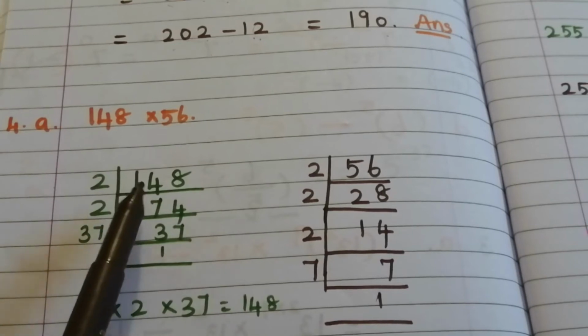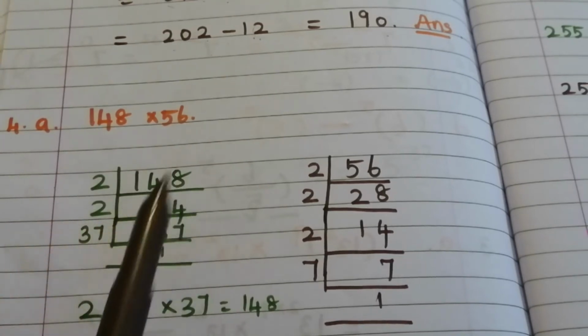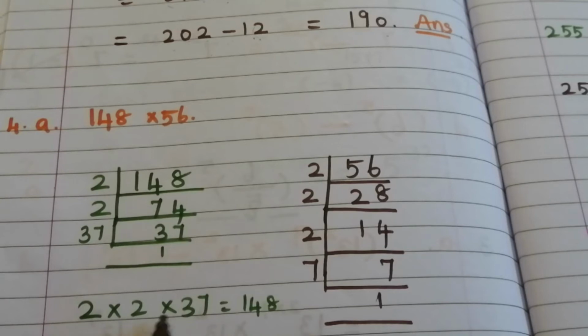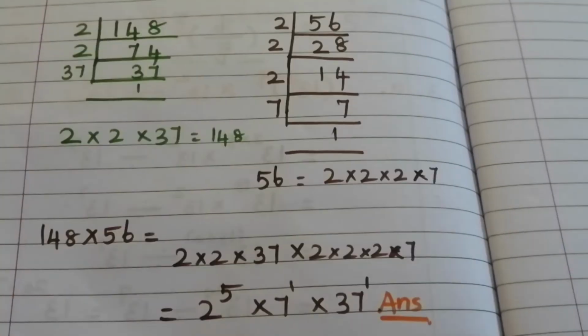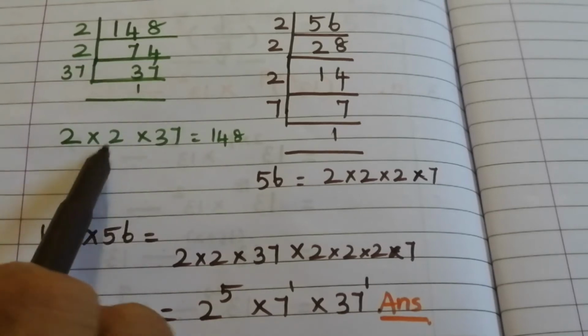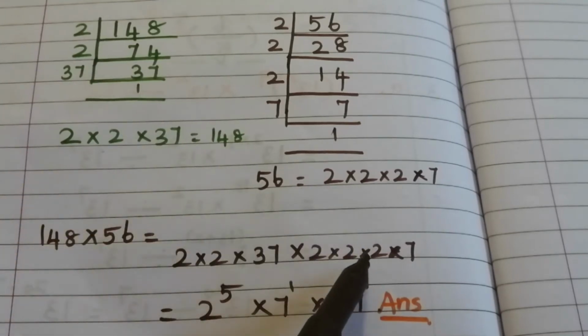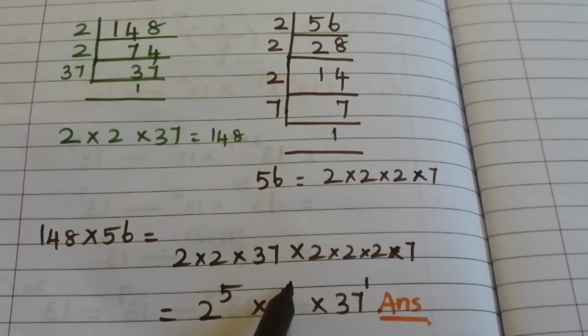If you find the prime factors for 148, we get 2 into 2 into 37. And for 56, we get 2 into 2 into 2 into 7. So 148 into 56 equal to, we have to multiply these two factors. And this is equal to 2 power 5 into 7 power 1 into 37 power 1.